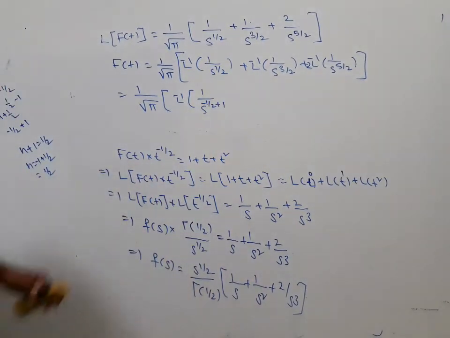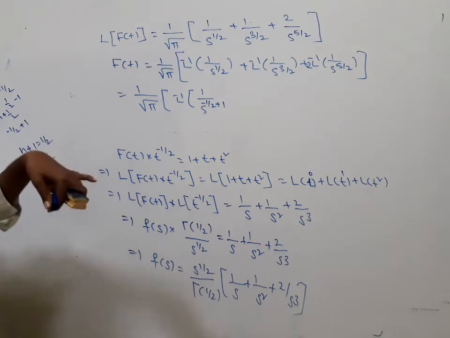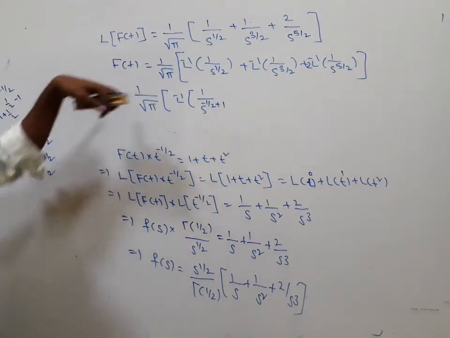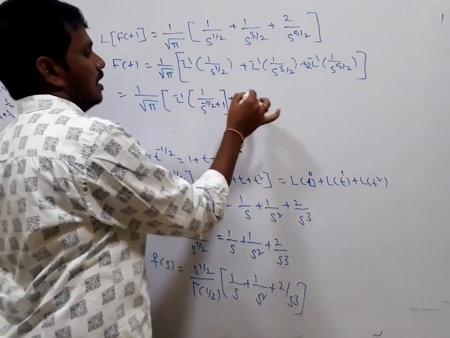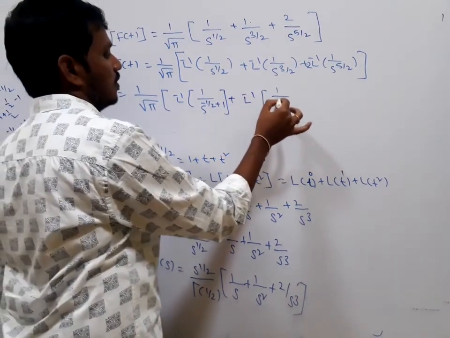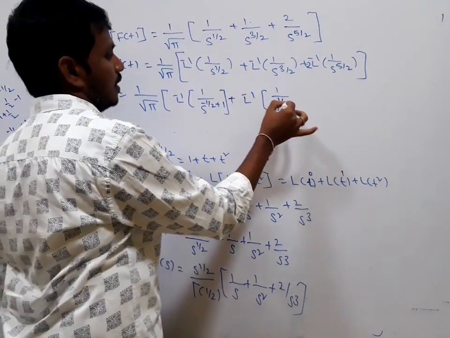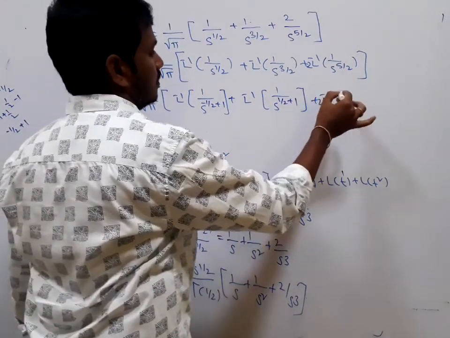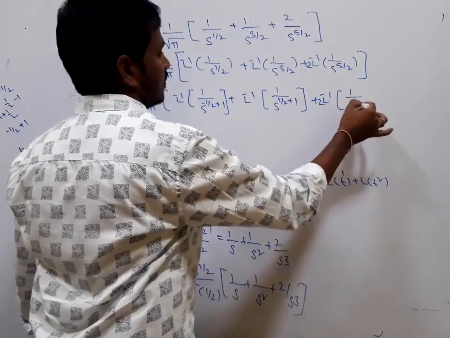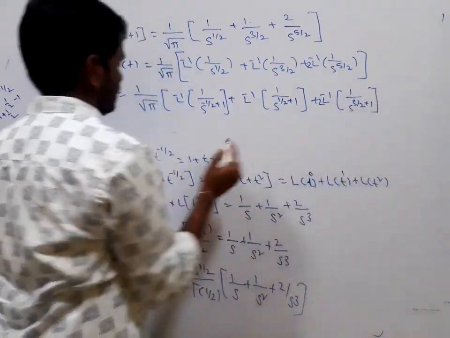Next, L inverse of 1 by s to the power of 1 by 2 plus 1, plus L inverse of 2 into 1 by s to the power of 3 by 2 plus 1.